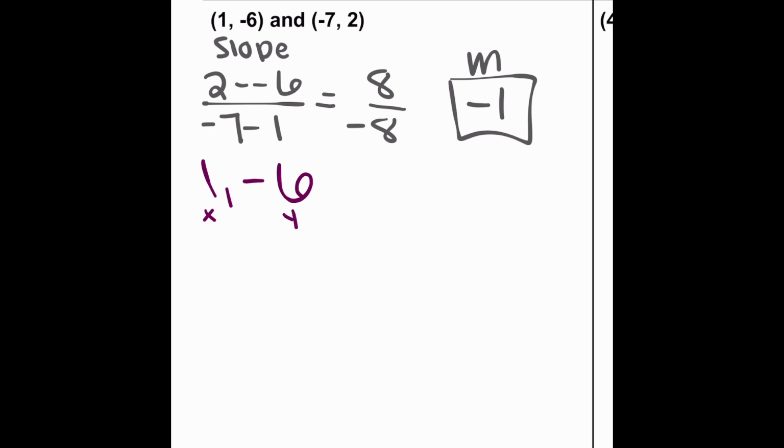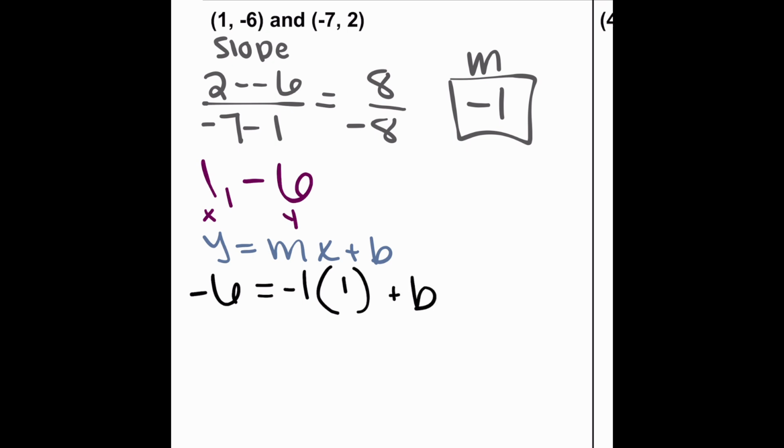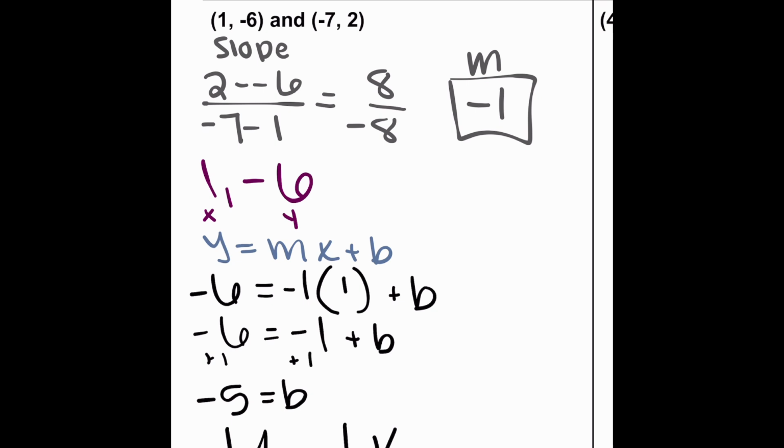And then I need to plug it into y equals mx plus b. Y is negative 6, m is negative 1, x is 1, and we don't know b. Negative 1 times 1 is negative 1. Add 1 to the other side, and we get negative 5 is what b equals. So your final answer is y equals negative 1x minus 5.